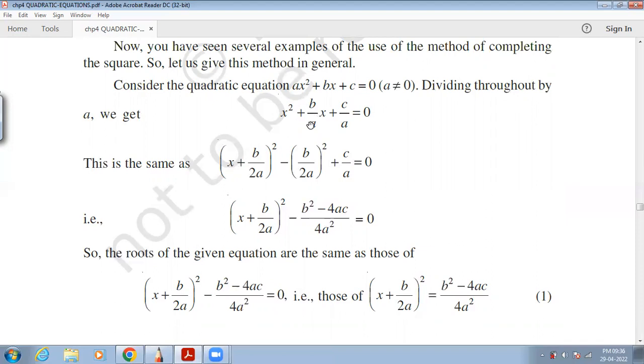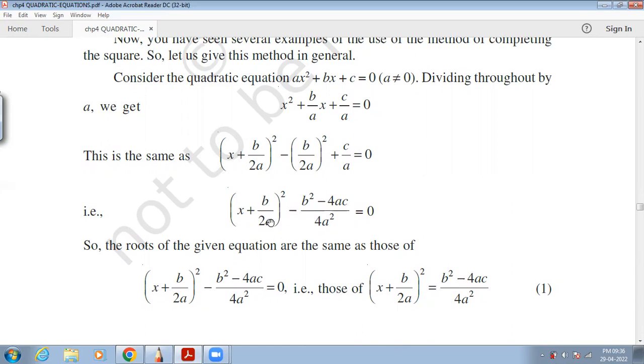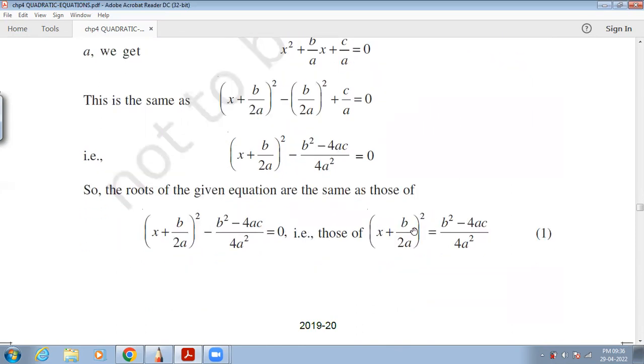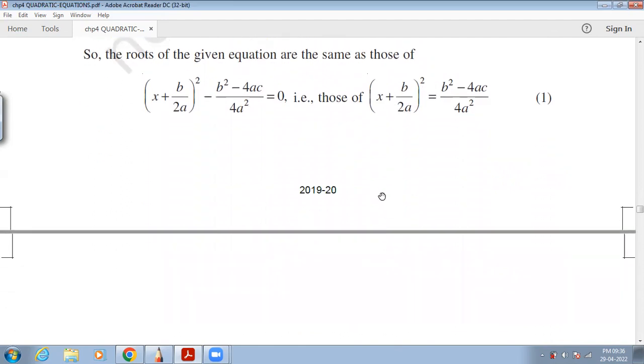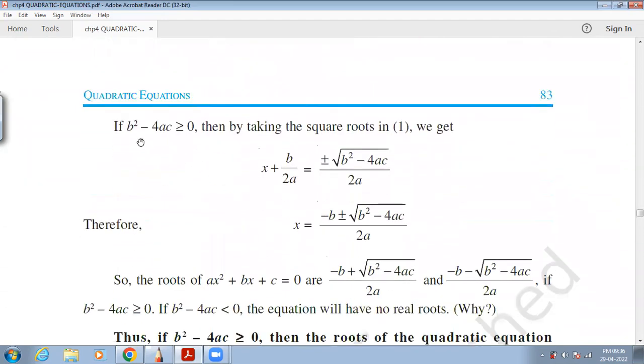So they multiplied 2 and divided by 2. So they completed the square, and they need to subtract b by 2a whole square. Now that they took to the other side, so you get b square minus 4ac. Now you take square root, you get plus minus square root of it, and then you take b by 2a to the other side like this.